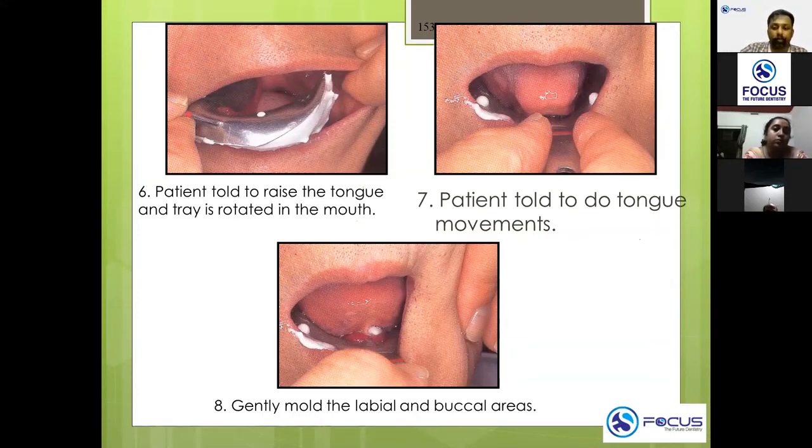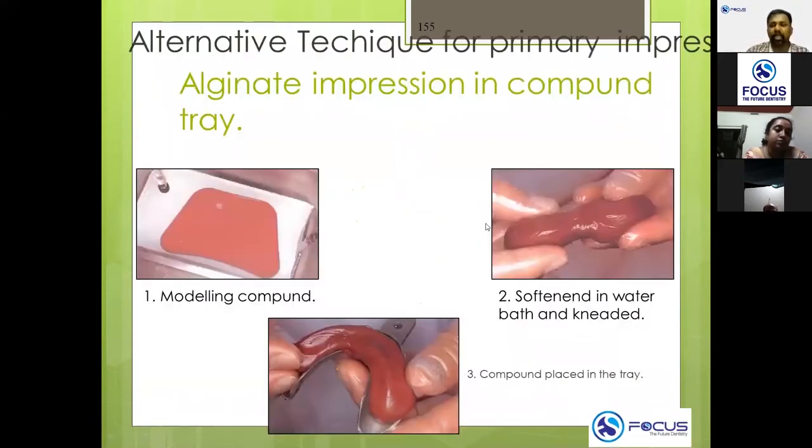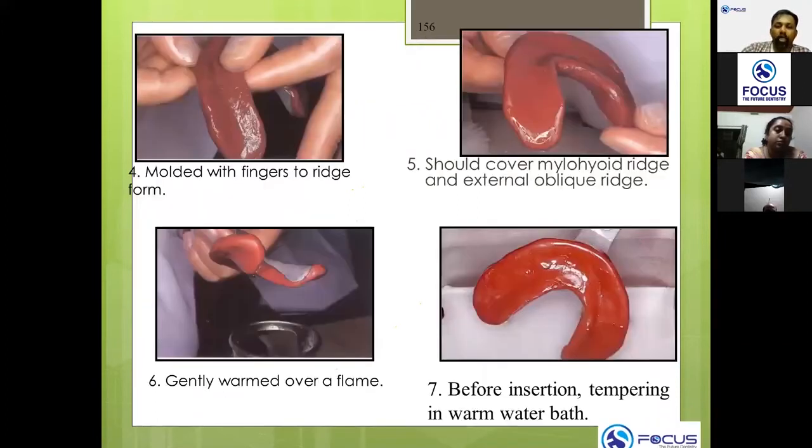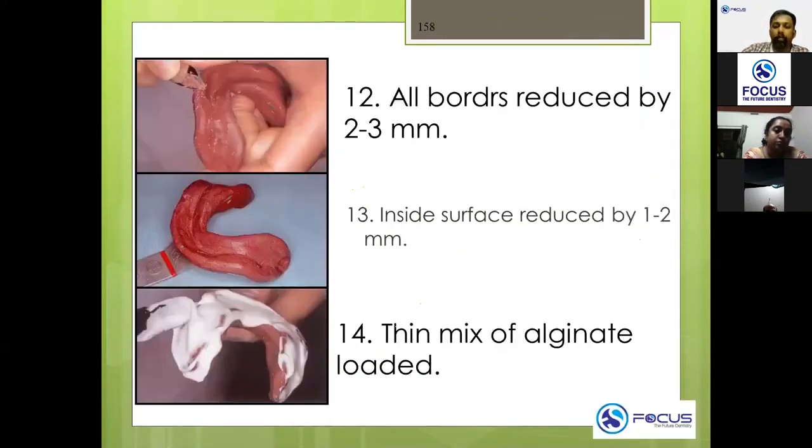Clear? That's how we get the primary impression for the mandible. The same thing we can do with impression compound, in a very similar way. Only thing is that we have to soften it in a warm bath, then mold it with the hand and the tongue. So that is how we do it with impression compound.